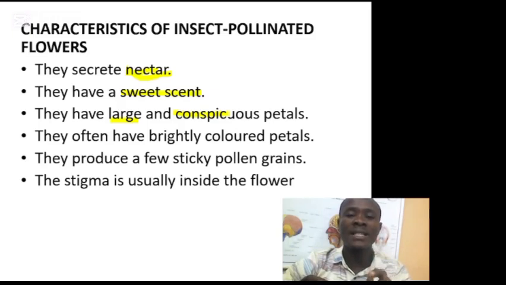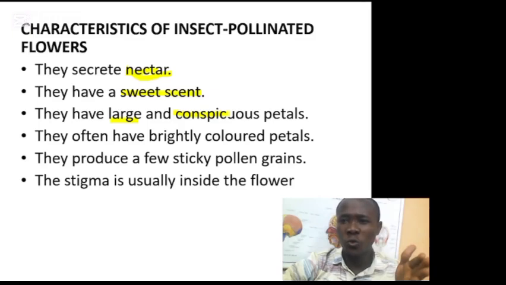So in the insect pollinated flowers, they are not producing many, but the few that they are producing, they are what? Sticky. In the wind pollinated flowers, they are producing many because these things are going to be blown away by wind and they have to be in the air. So it is possible they cannot meet a stigma on which they can land for this pollination to be completed.